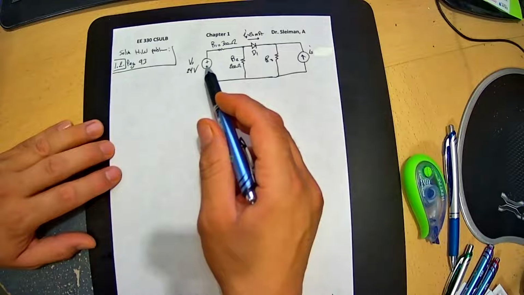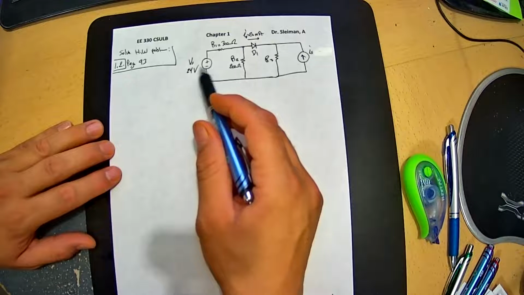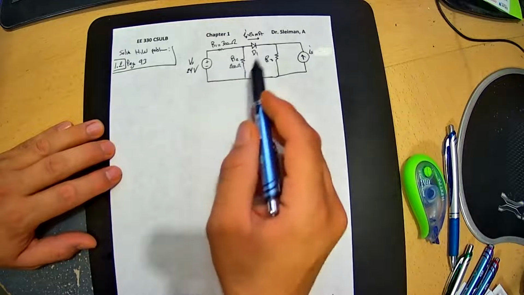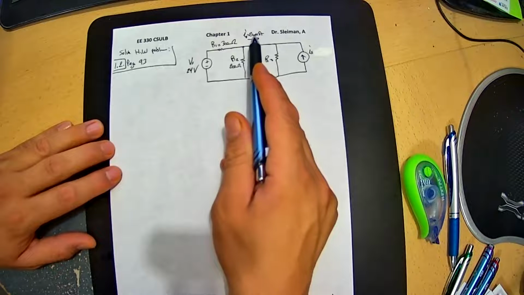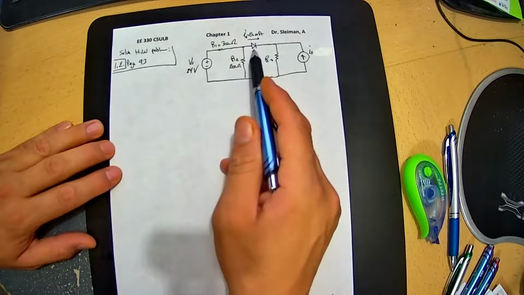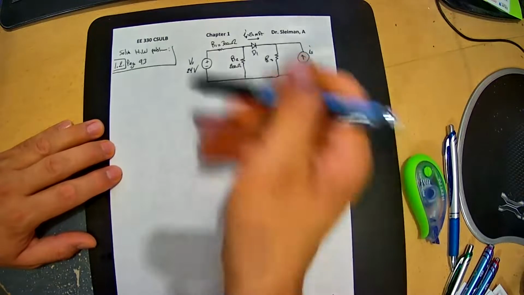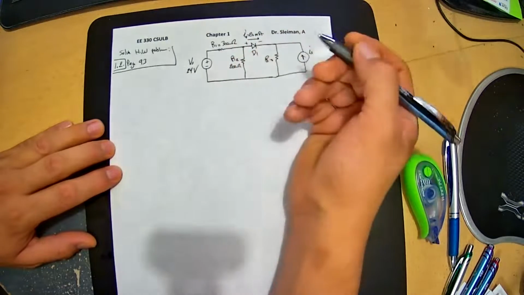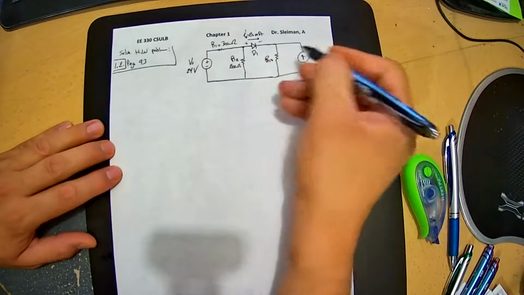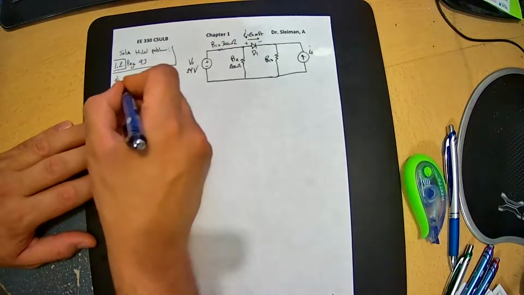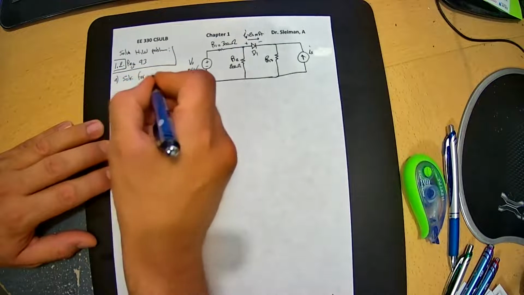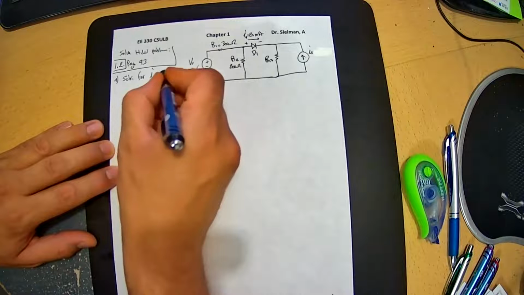So most likely we have 24 volts here, 300 ohm, 200. We have 20 milliamp on the diode going in this direction. And we have R3 here, no values, and we need to solve for IS.